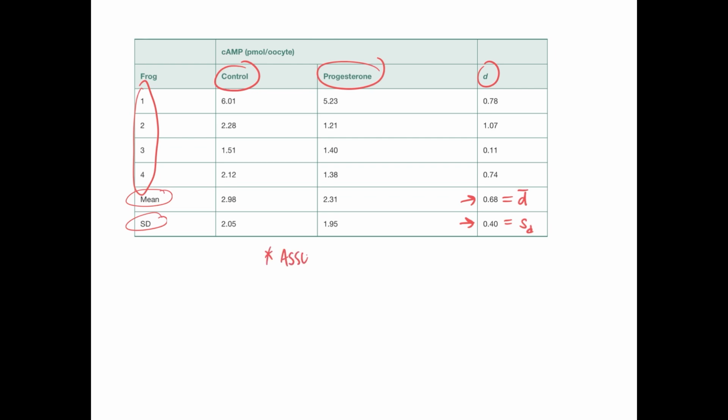I'm writing this as part of the setup of the problem: assume the data is normally distributed. And just so you know, on a test, I'm going to tell you clearly whether you can assume that or not. But they didn't make it clear enough here, so that's what I'm doing for you. Because we have normally distributed data, even though it's a small sample size, we only have 4 pairs, we're going to be able to use a paired t-test.